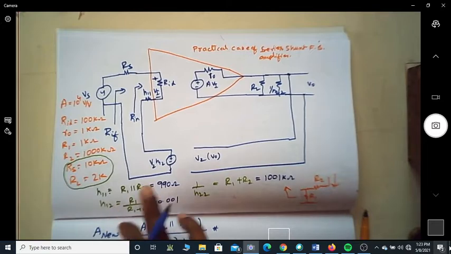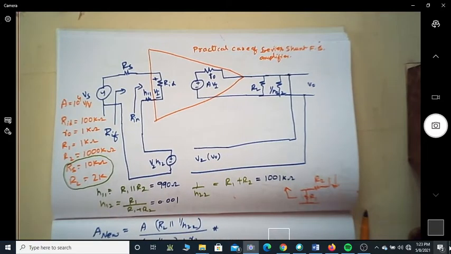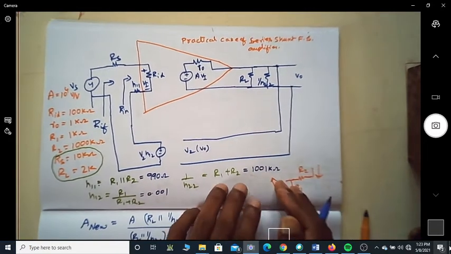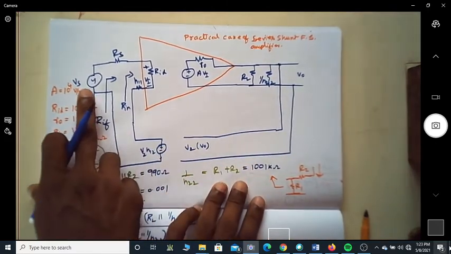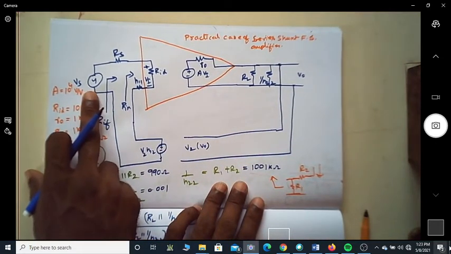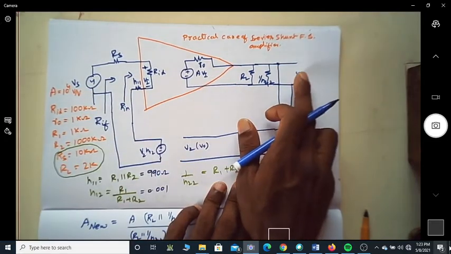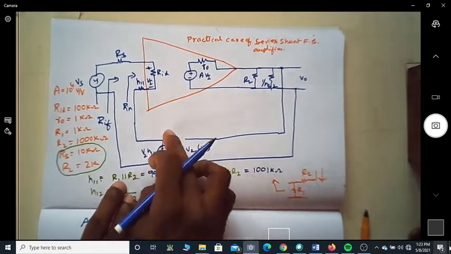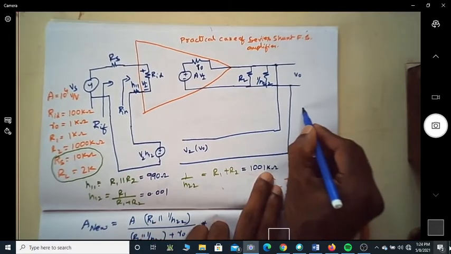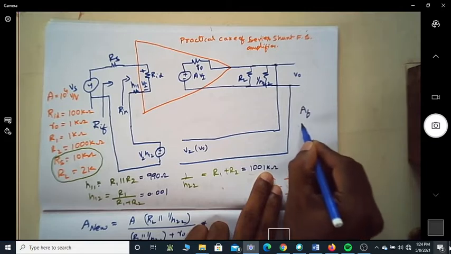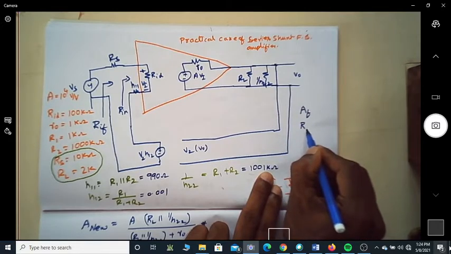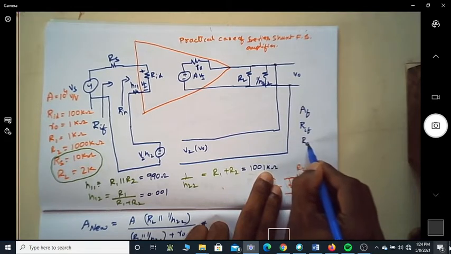Now with these values, the intention here is, after having a non-ideal source, a non-ideal load, and a non-ideal feedback network, we are asked to find the gain of the amplifier after feedback, the input resistance after feedback, and the output resistance after feedback.